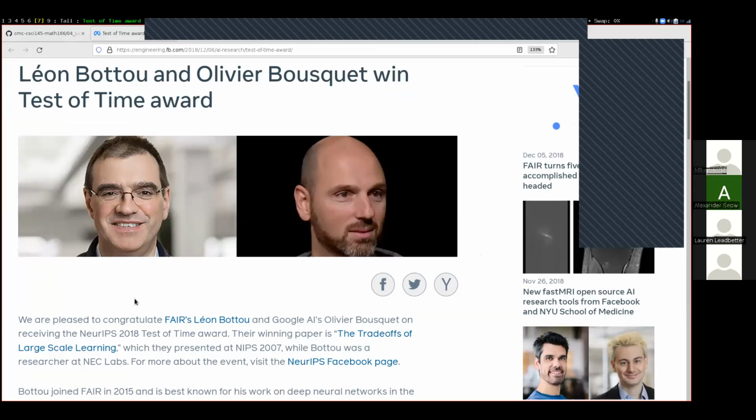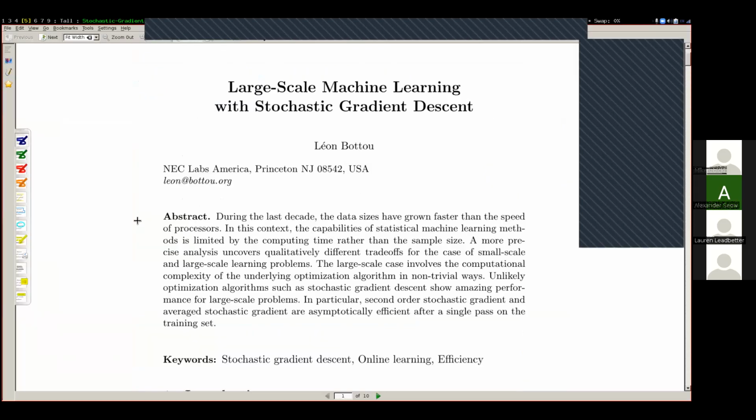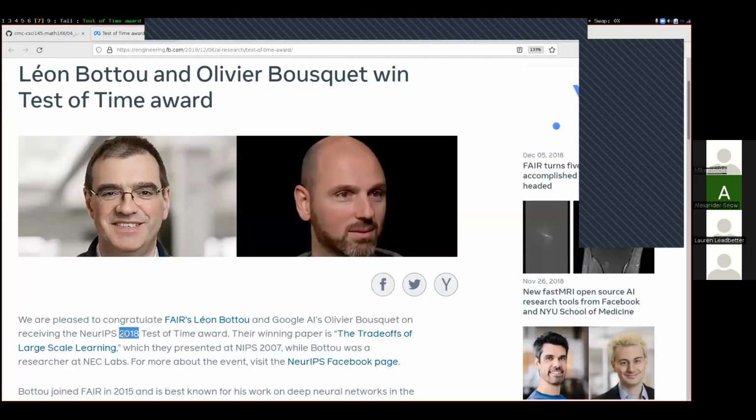We talked about the random projections technique introduced in 2007, which earned a Test of Time award at the NeurIPS conference. This paper that we're reading right now also earned the Test of Time award at NeurIPS. It was originally published also in 2007, and this was the 2018 award. He shared it with this other guy, Olivier Bousquet, who currently works at Google.